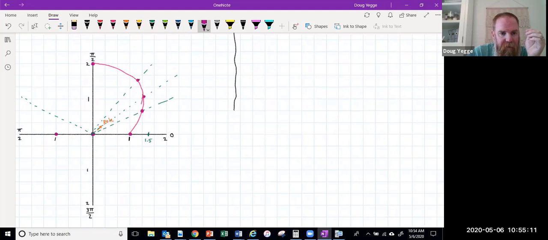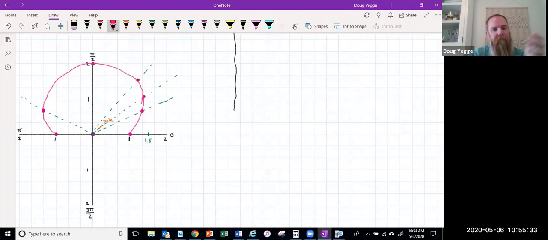So I know that that's going to be somewhere around right here. So it looks to me like it's probably going to be symmetrical because in the second quadrant, sine is going to be exactly the same as the first quadrant, which is why it looks like it's going to continue to curve around, hit this point, and then come back around and get back to pi.